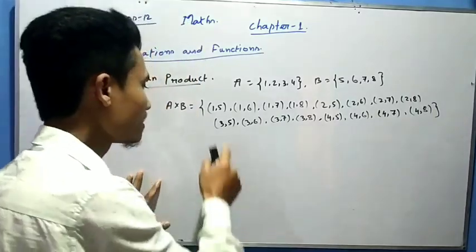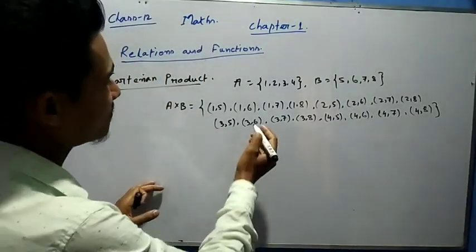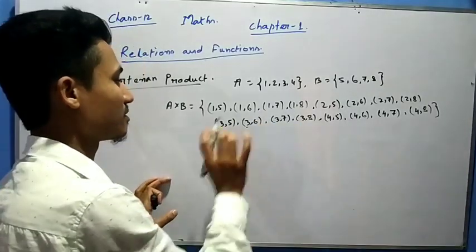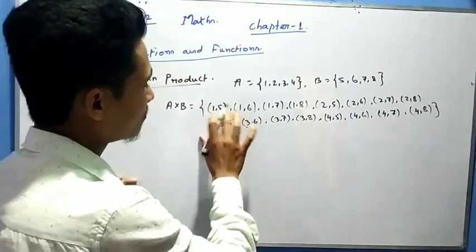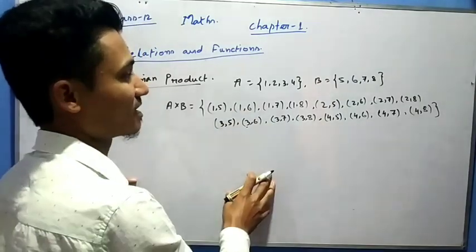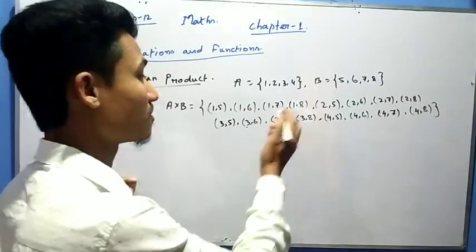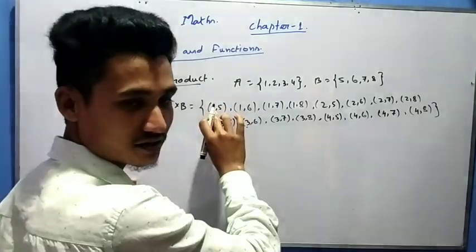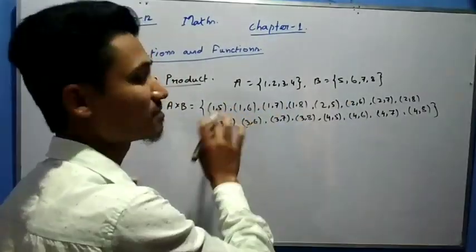This is one of the reasons why these elements are called ordered pairs: the first element comes from the first set, and the second element is coming from the second set.